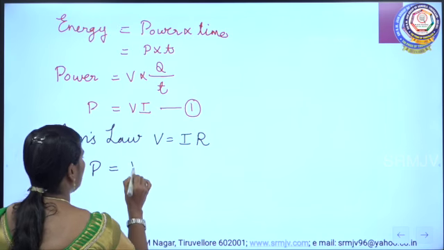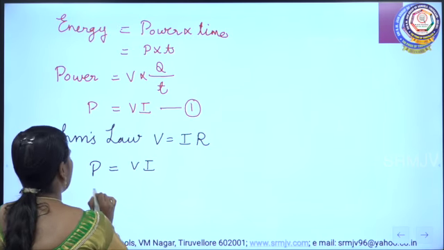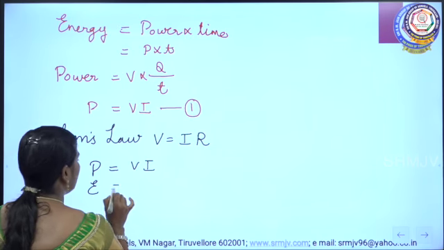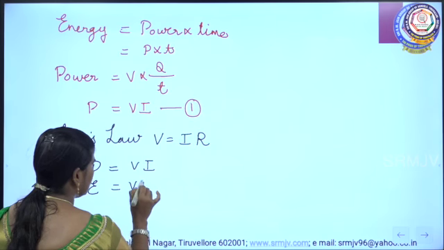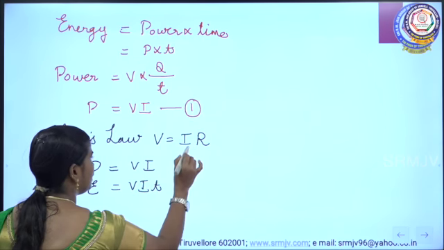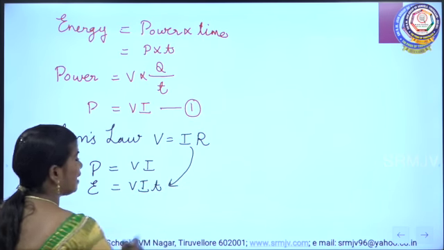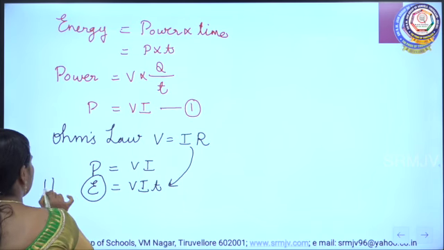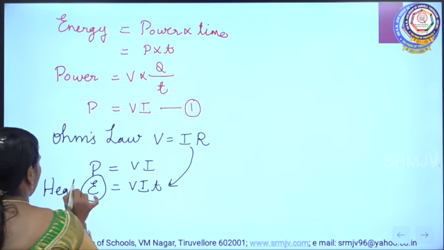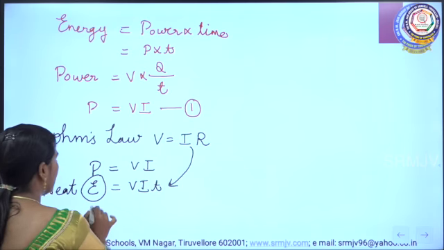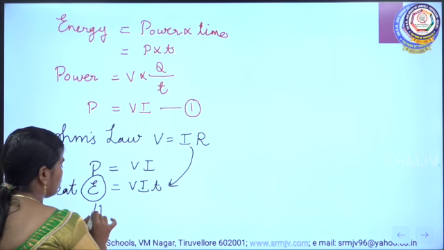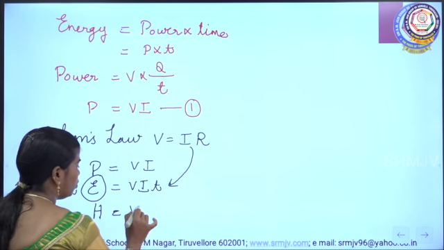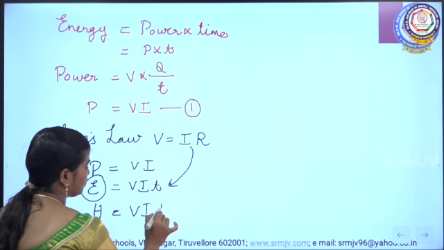Power is equal to VI and energy is equal to VIT. Now, we need to substitute in this energy. This energy denotes the heat energy. Then we can write it as H also. H is equal to VIT.